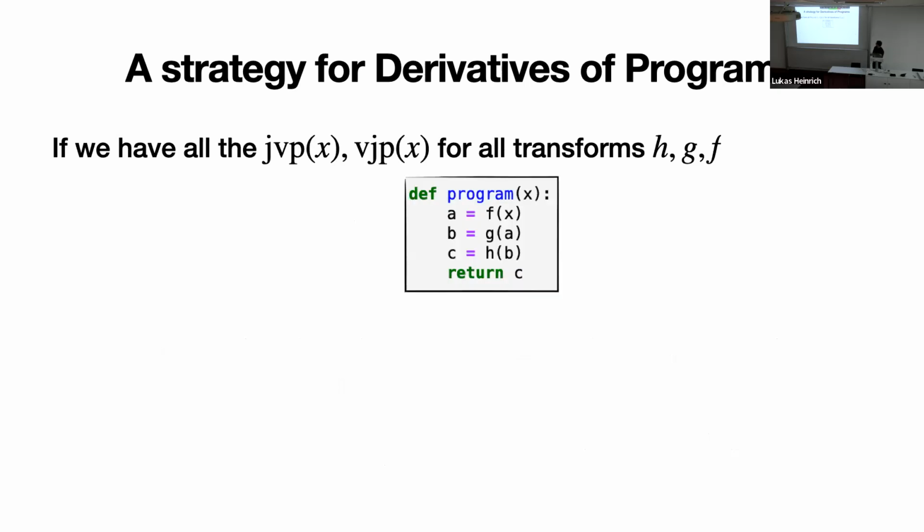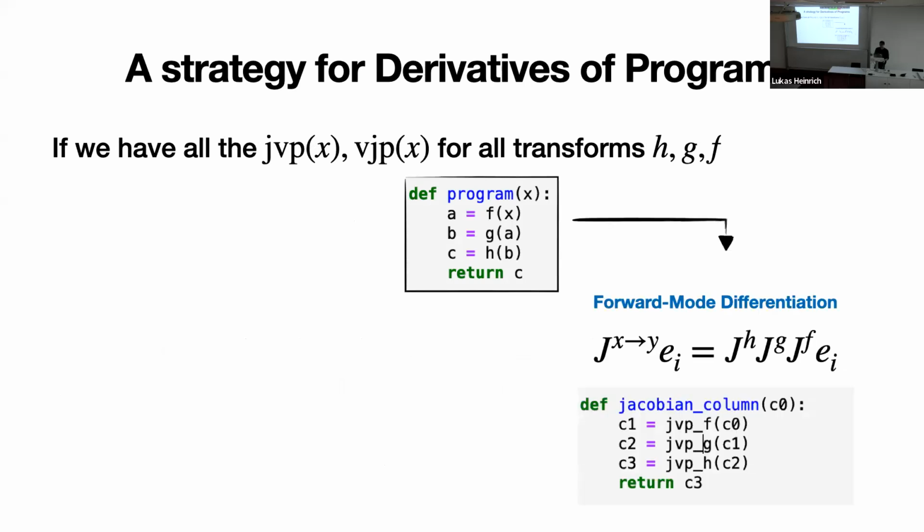Let's say somebody magically gives us the functions that compute the JVP or the VJP for f, g, and h. How can we compute the derivative of this program? We can do what's called forward mode differentiation. We go from f to g to h, in the same order as in the program, which is why it's called forward mode.